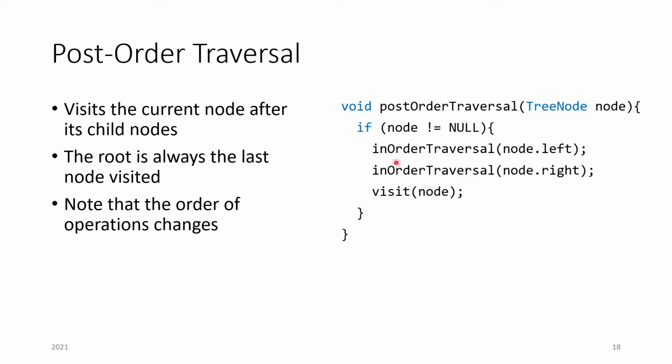So we visit the current node after its child nodes, and we visit the root node last. You just change the order in which these operations run to get these different types of traversal.